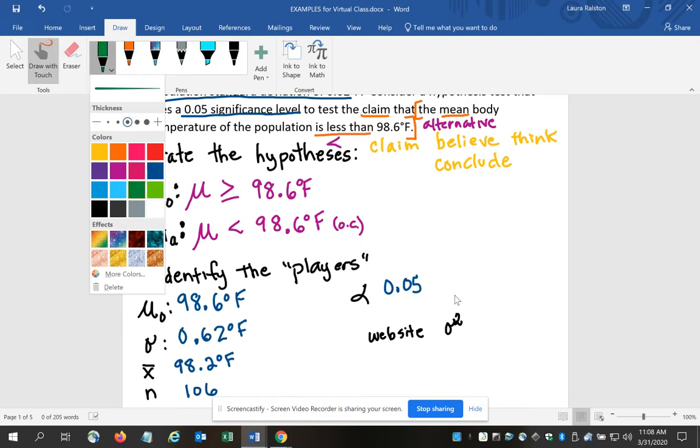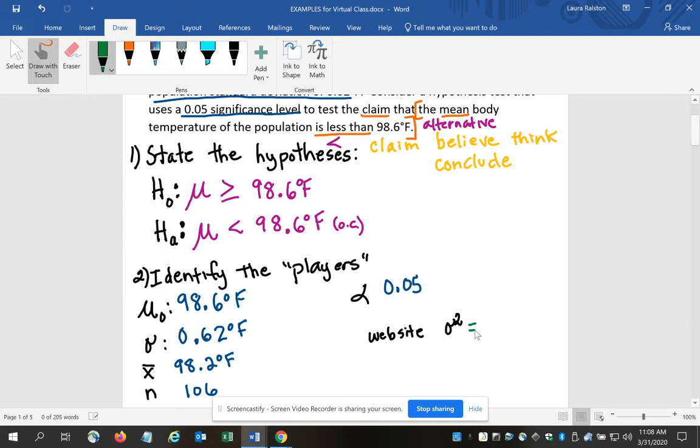When we enter our data into the website, we actually ask for the variance instead of the population standard deviation. So remember, to get the variance, you take your population standard deviation, which is 0.62, and you square it, which means you multiply it times itself. You can do that on your calculator.